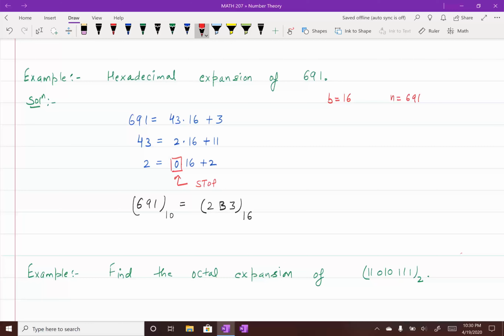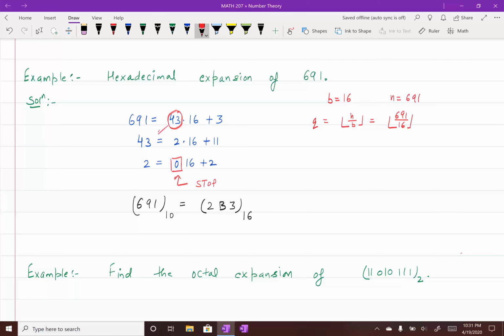We can get the quotient by applying our floor function, which is the value of n divided by b here. In this case, if you take the floor value of 691 divided by 16, then you'll get 43 here. Okay, so 691 can be written as 43 times 16 plus 3, where 3 is the remainder and 43 is the quotient.